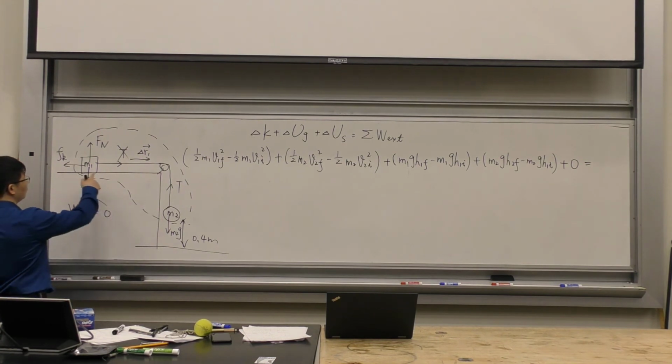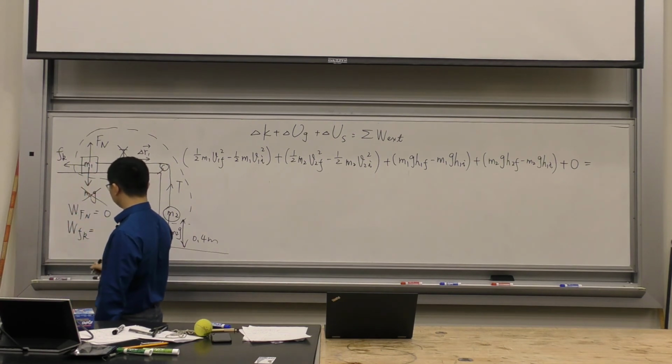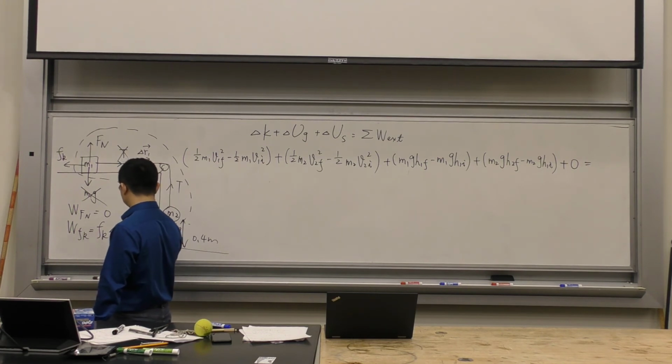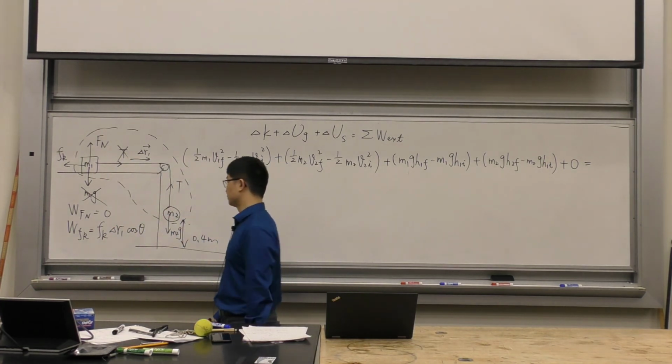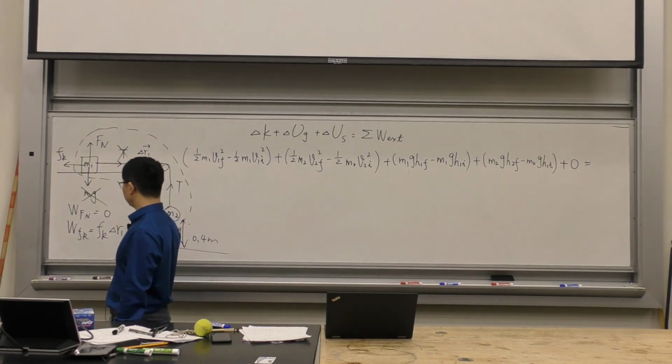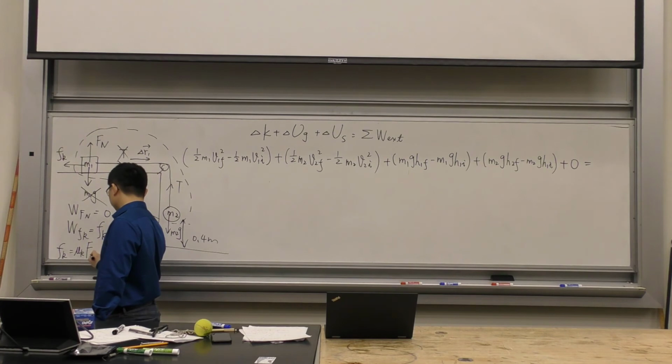So the only work I need to calculate for M1 is, again, the friction force work. We have done that before, but I don't need to remember anything. It's always going to be force, displacement, cosine theta. That's the definition, and I'm just using that definition. And how do you calculate the friction force on M1? That's going to be mu k times the normal force.